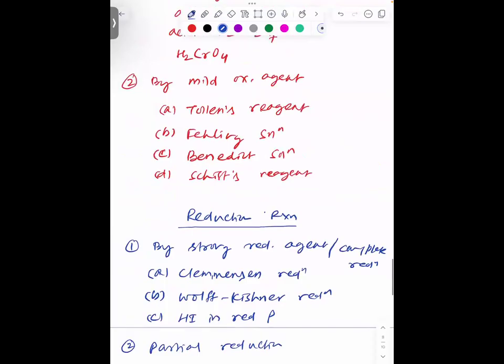So these are the topics we'll discuss after the break. Okay. So now the break is started for 10 minutes. Then after the break, we'll continue the class.